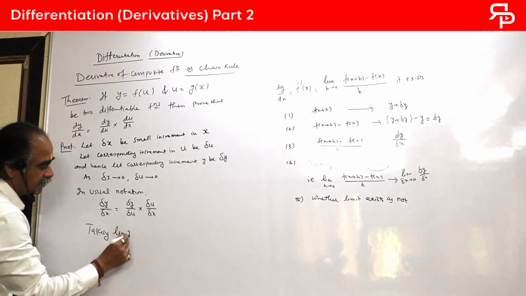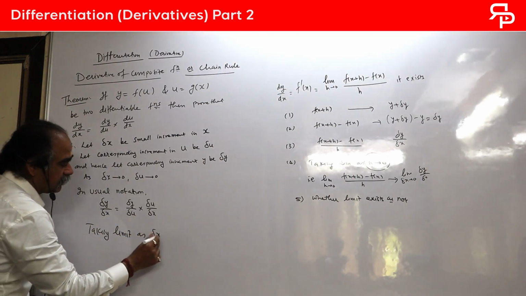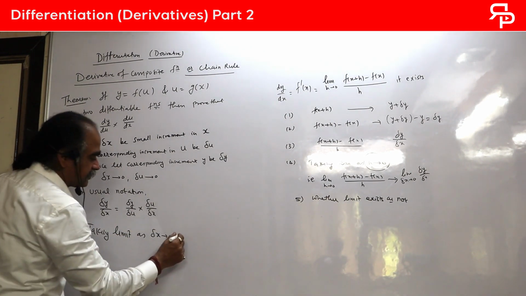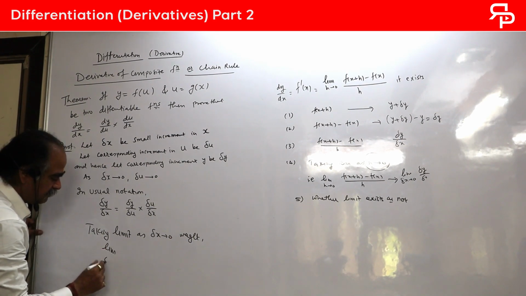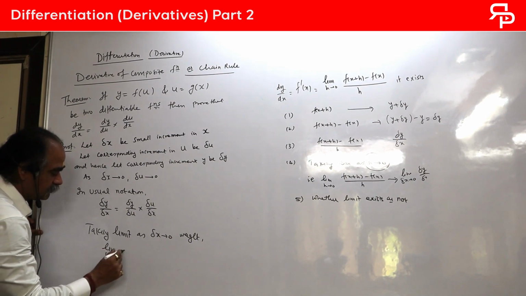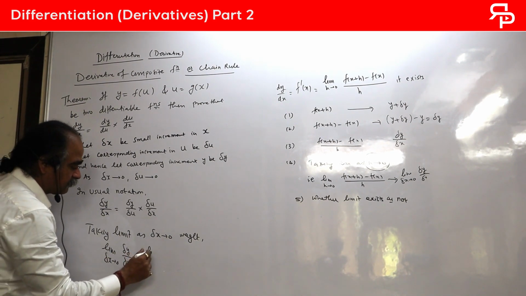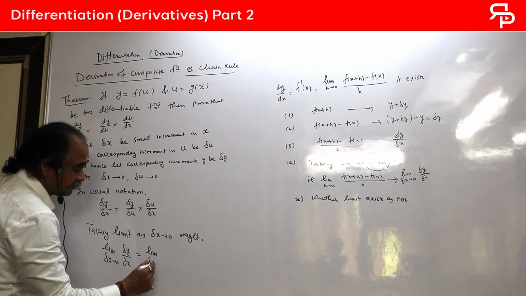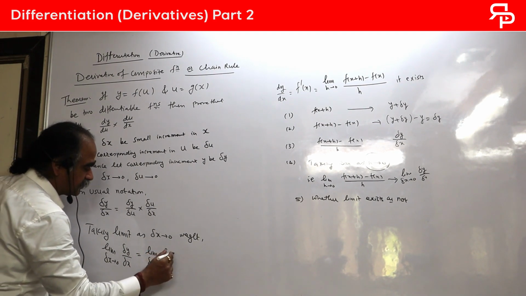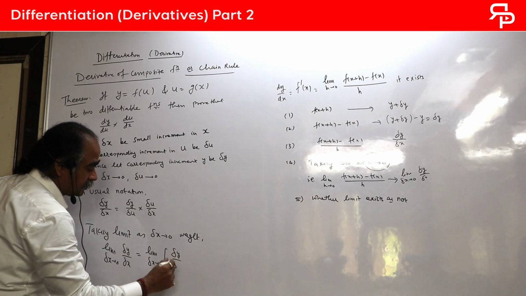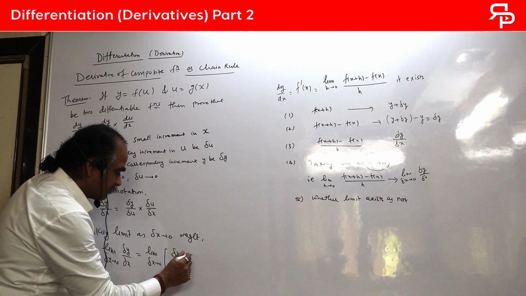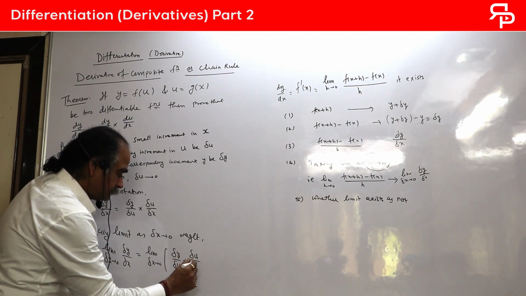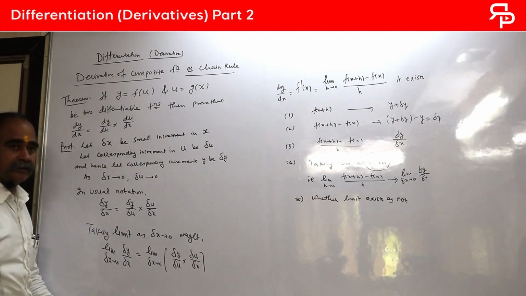Taking limit as delta x tends to 0, we get limit delta x tends to 0, delta y by delta x is equal to limit delta x tends to 0, delta y by delta u into delta u by delta x.